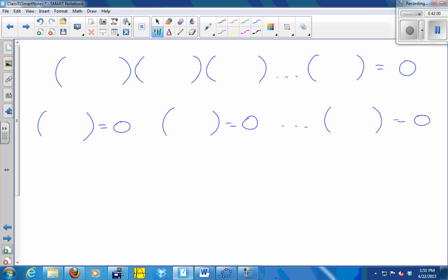So then if I came out with x equals 5 as the answer to setting this equal to 0, the thing in this parentheses had to be x minus 5. So if I give you the 0, you can go backwards to find the factor. If I give you the factor, you set it equal to 0, and you find the 0.